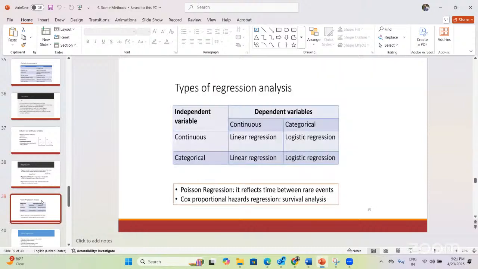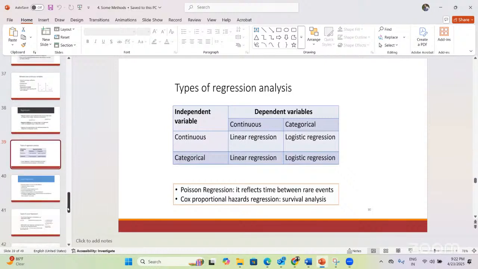Suppose the dependent variable is whether anyone is anemic or not. If our outcome variable is anemia, our dependent variable will be binomial, 0 or 1, anemic yes or no. So if our dependent variable is categorical, depending on a 0 or 1 kind of situation, and our independent variable is continuous, maybe age, BP, BMI, then our regression analysis will be logistic regression.